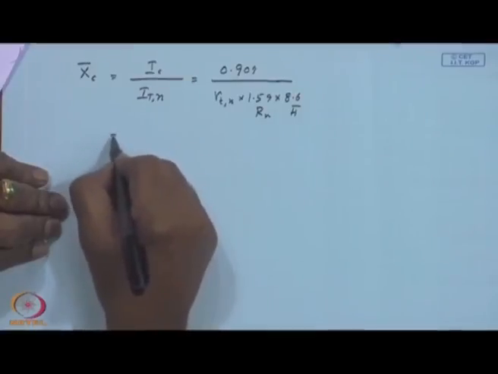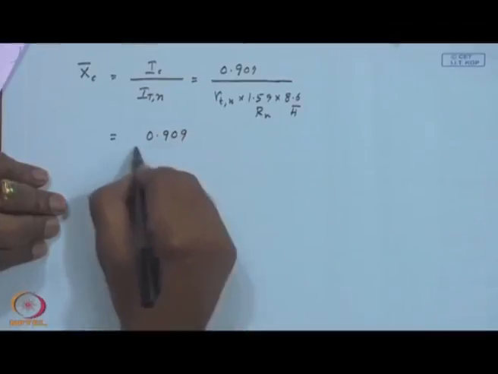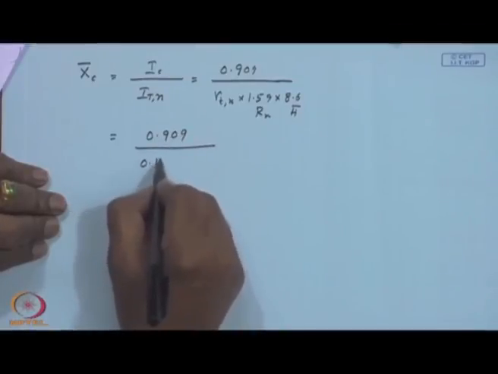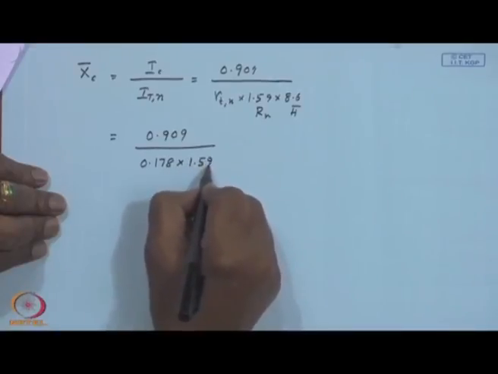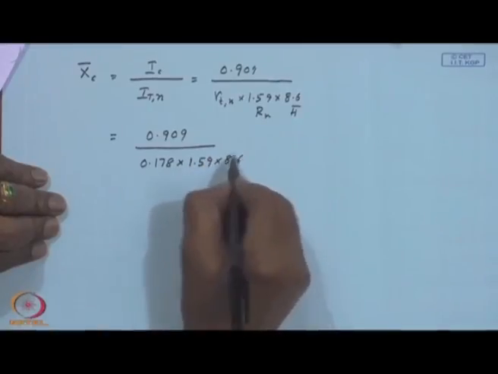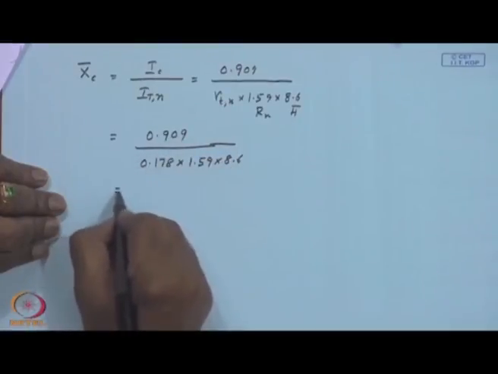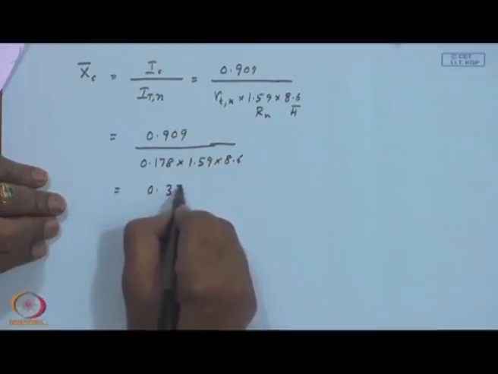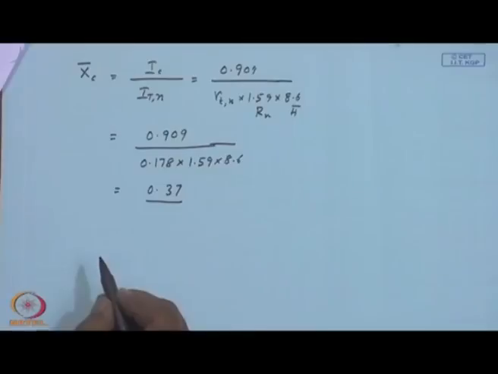So, this will be 0.909 by 0.178 into 1.59 into 8.6. This is in megajoules, this is also in megajoules. So, I had no problem, 0.37. So, we calculated up to the non-dimensional critical level, then we will go to the calculation of the utilizability and the solar load fraction met.